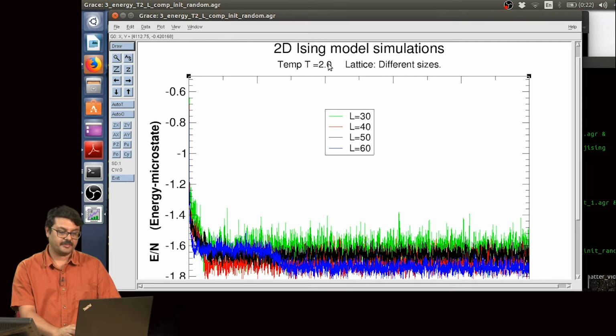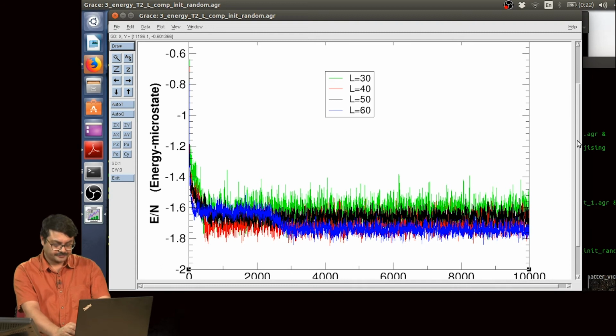Temperature remains 2, and I am plotting data for different box sizes. You see, first of all, that the green data for L equal to 30 is fluctuating around 1.6, and this blue one is slightly less than 1.7. The point is there is a slight shift in the energy.